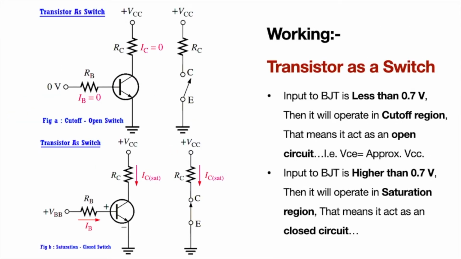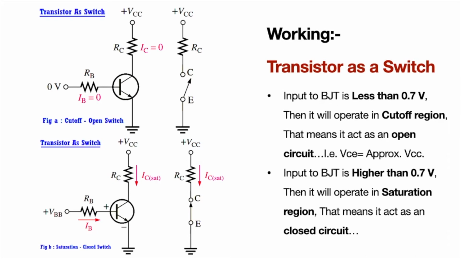Going ahead, to learn the working of this circuit, we should know about transistors as a switch. Here we are using transistors, but we should know how they work. In this circuit, the transistor works as a switch. Whenever the input to the bipolar junction transistor is less than 0.7 volt, it will operate in the cutoff region, which means that it acts as an open circuit.